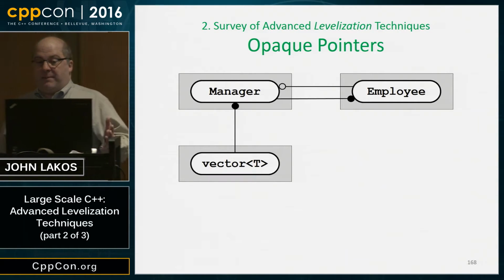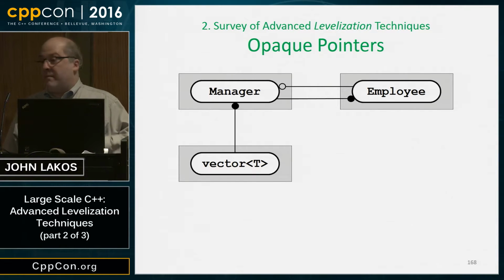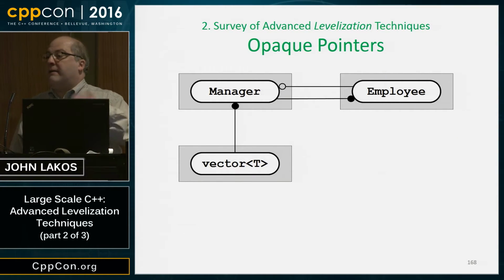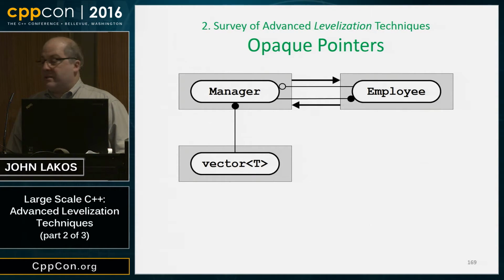So let's take the example of a manager and an employee where they both need to know about each other. A manager manages a bunch of employees, but you might ask the employee a question that the manager knows the answer to, so the employee has embedded in it a pointer to the manager and is going to ask the manager the question. So that causes a cycle.